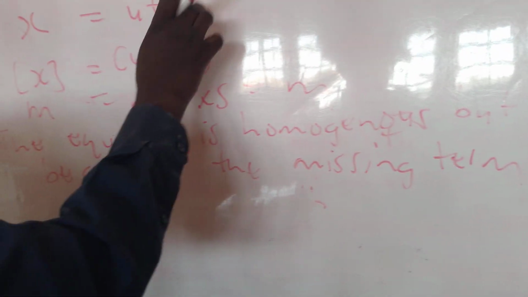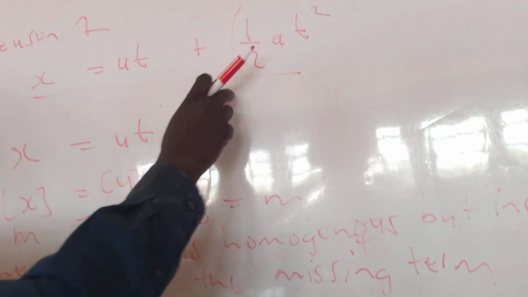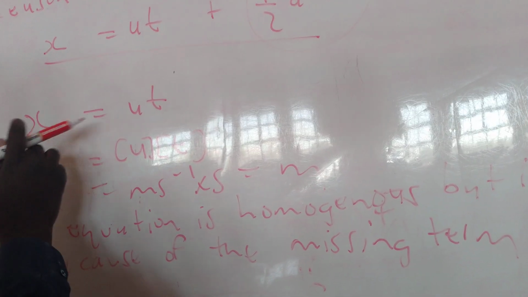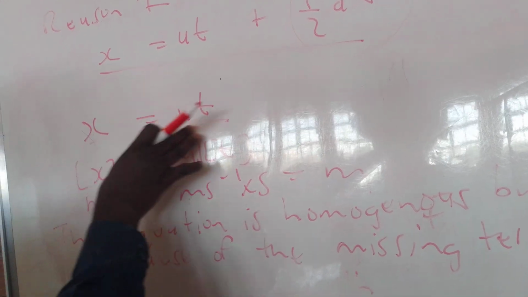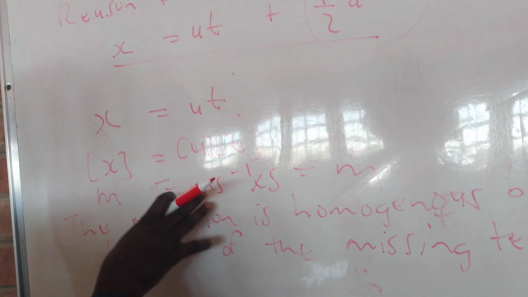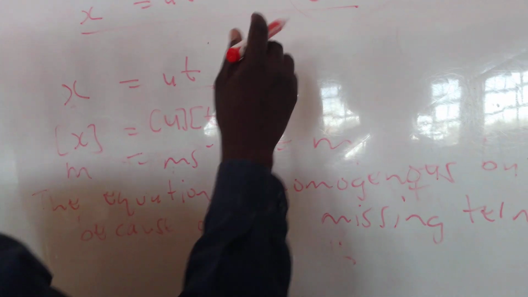Somebody simply said our equation for displacement is ut, but this equation is homogeneous but incorrect due to the missing term.